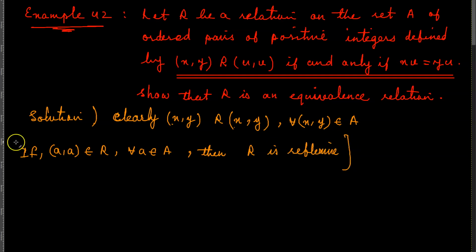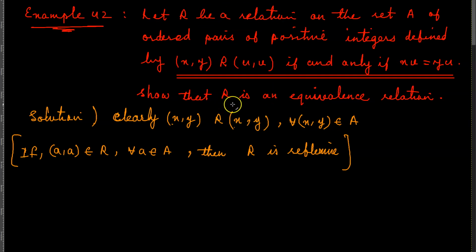So this is the condition that we use for R being reflexive. And what that means is that if A comma A belongs to R, then A is related to A under R, for every A belonging to A, and we are saying the exact same thing here.